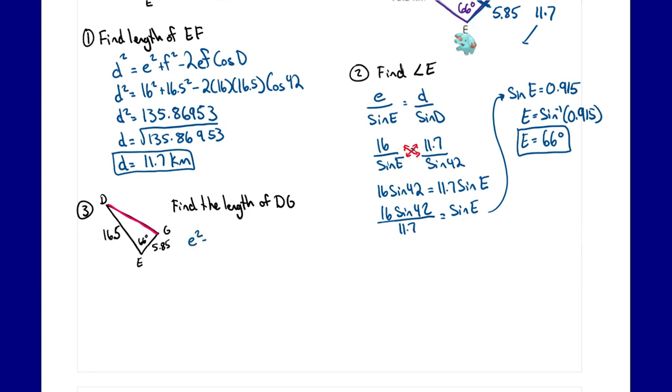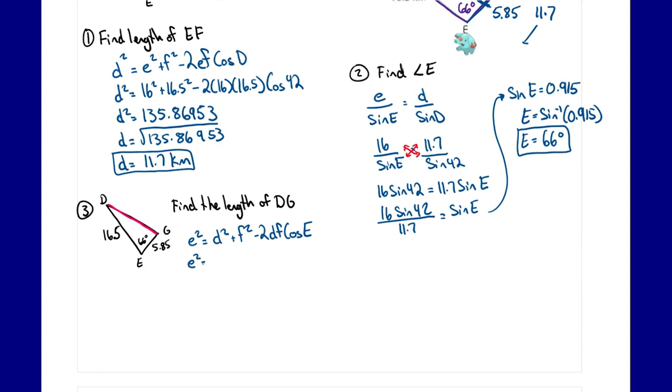So E squared is going to equal D squared. It's a different D from the other one because of the triangle, but it would still technically be labeled side D. So D squared plus F squared minus 2DF times cosine E. As long as we're aware that these measurements are going to be different from step 1 because it's a different triangle, even though we have the same labels.